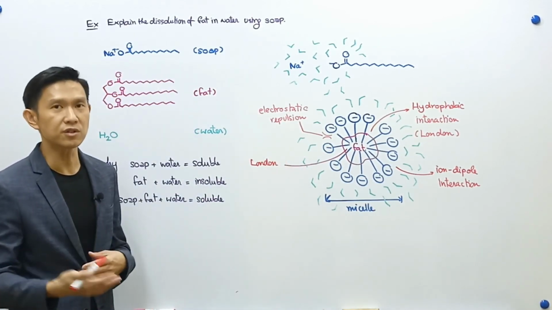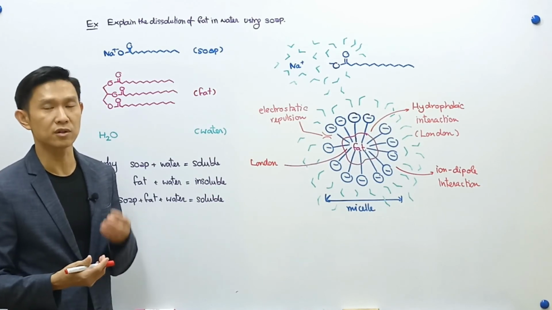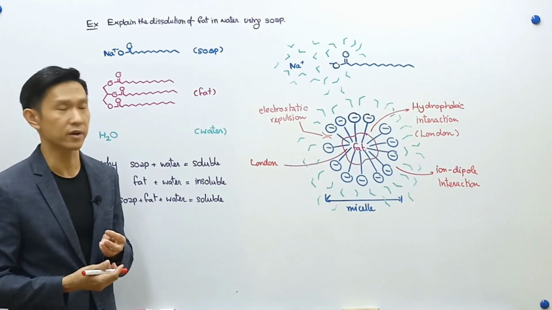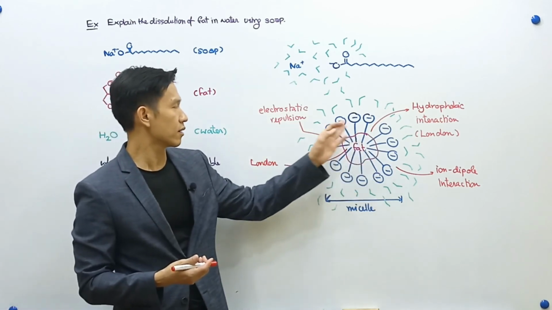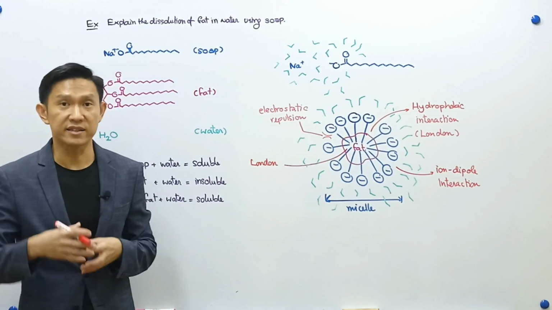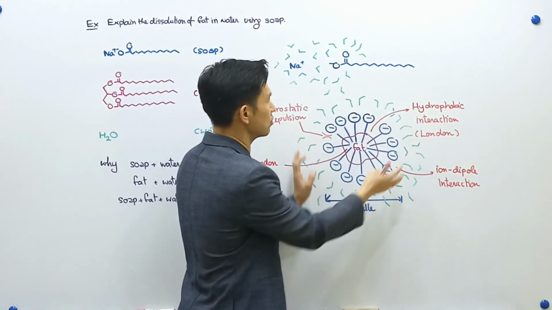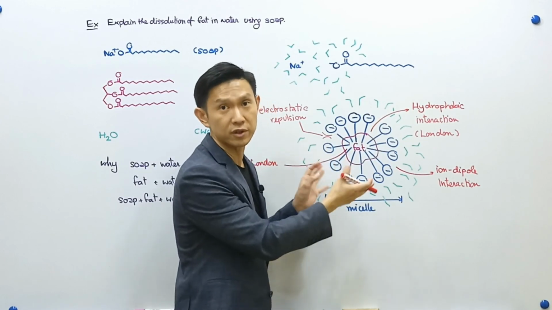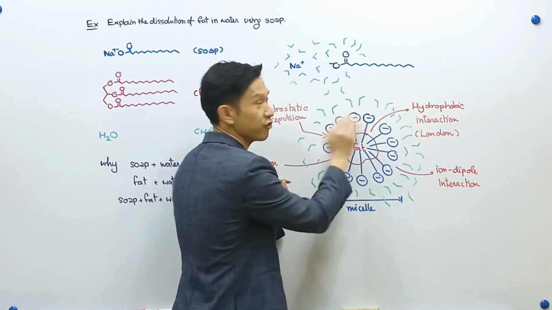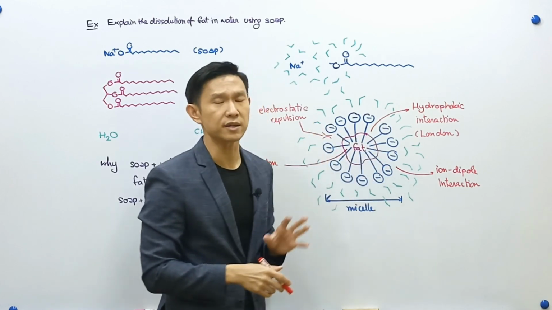Actually it's not a solution, it's a colloid, because the solute is not small. It's quite huge. As you can see, we can have the intermolecular assembly. The soap molecules assemble themselves together in a spherical shape. Actually, it's not flat, it's a sphere. So this is called molecular assembly.